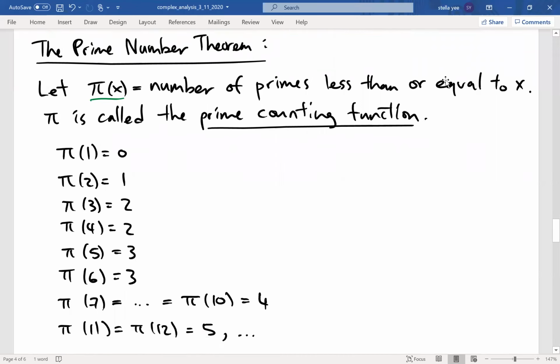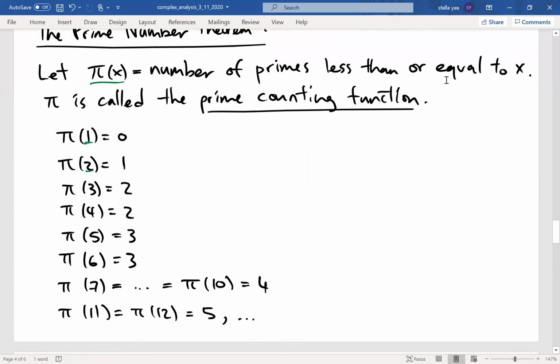So 1 is usually not considered a prime, so pi of 1 is equal to 0. 2 is the smallest prime, so pi of 2 is 1. 3 is also a prime, so pi of 3 is 2. 4 is not a prime because 4 is 2 times 2.